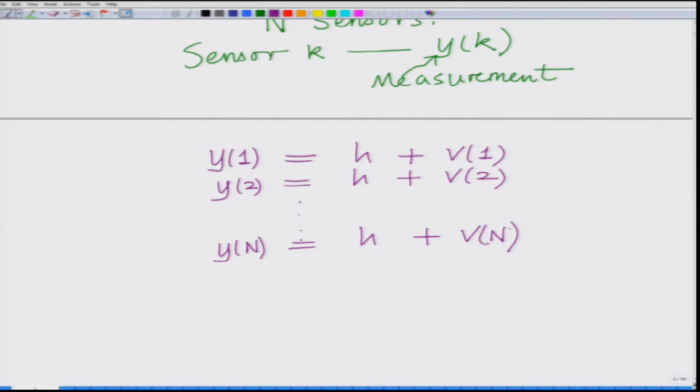These are the n observations. Here h is the parameter of interest.